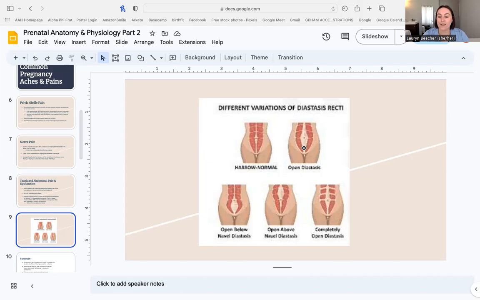So if I am asking someone to move a certain way or hold a certain position, and I notice that when I look at their abdomen, I see a doming or a coning shape, instead of just being that typical rounded pregnant belly, something's a little distorted. It's tenting, it's popping up. That can be a good indicator that someone has diastasis recti, or they're going to start developing it sooner rather than later because they aren't using their abdominal muscles well to support them.